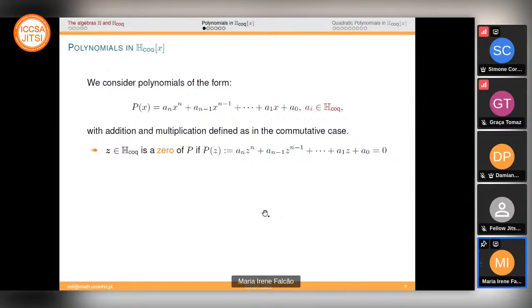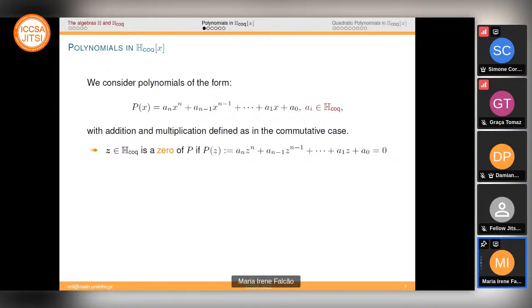So, as Ricardo explained, we started studying the quaternionic algebra motivated by our interest in studying dynamical systems in this kind of setting. But to do that, we had to first study polynomials of more general degree.